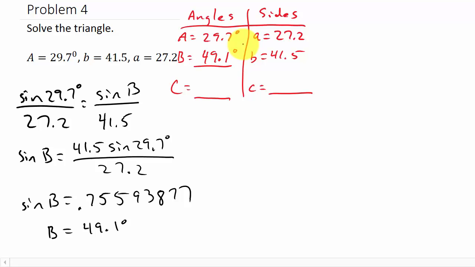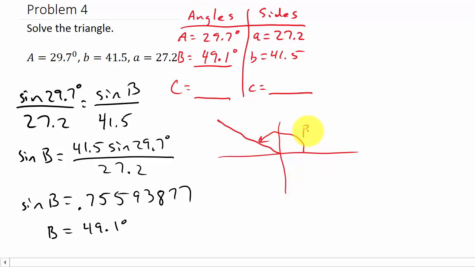Now, hopefully you watched part 2. We've got sine B is equal to a positive number. Remember, this 49.1 is the angle in the first quadrant. But sine is also positive in the second quadrant, and this 49.1 is my reference angle.